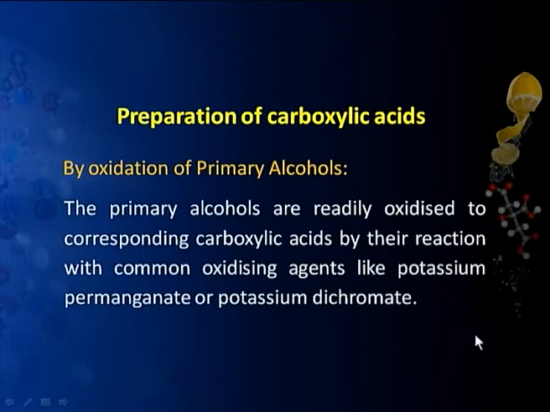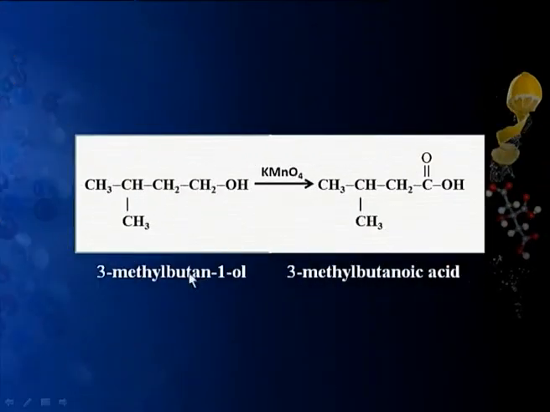These primary alcohols can be easily oxidized by the most common oxidizing agents like potassium permanganate or potassium dichromate. Potassium permanganate can be used in acidic medium as well as in alkaline medium. Here is an example. Say this is 3-methyl butan-1-ol. Now this is a carbon containing OH group, primary alcohol, and this carbon gets oxidized to COOH group.